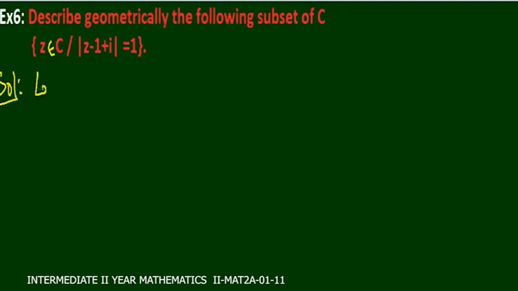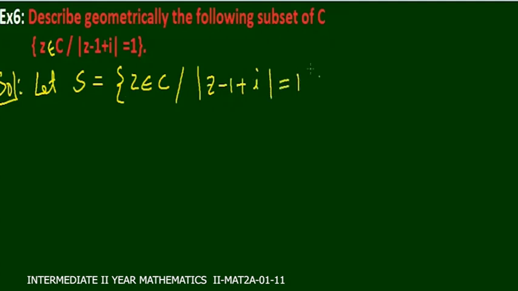Now let the given set be S. S is a set of z belonging to complex numbers such that the modulus of z minus 1 plus i is equal to 1.